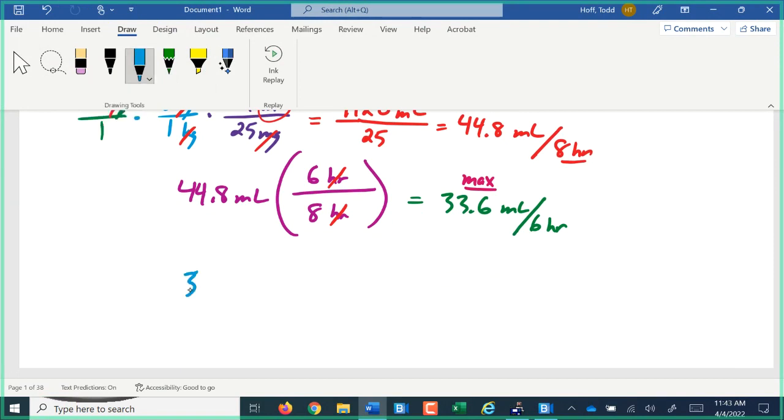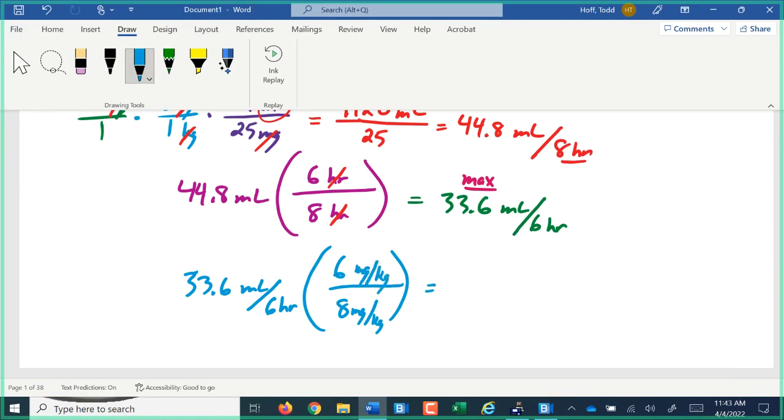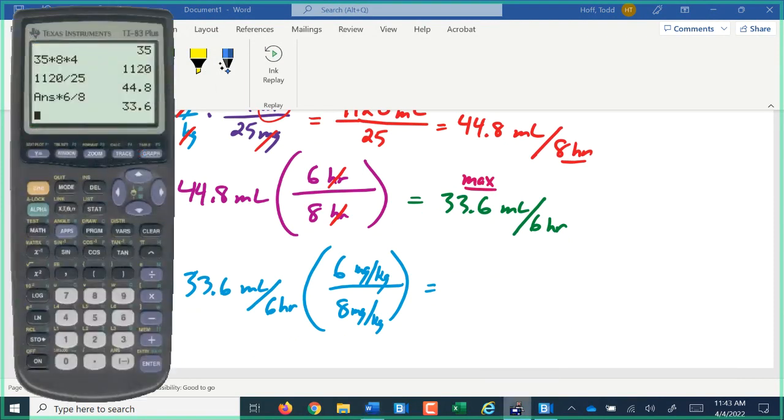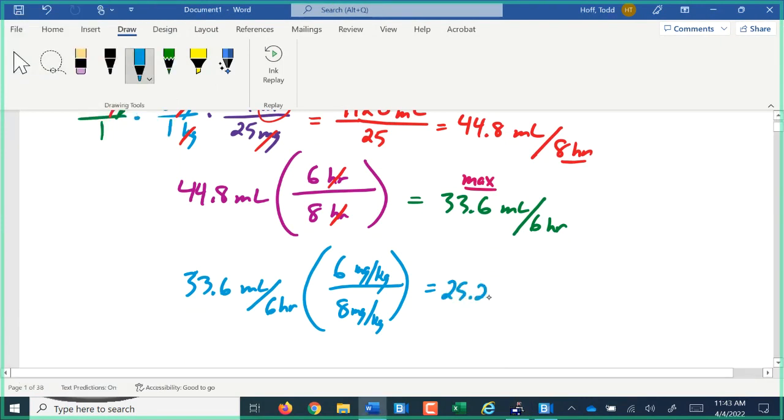So we have the 33.6 milliliters every 6 hours. That was figured off the maximum recommendation of 8 milligrams per kilogram. And we want to titrate it to see what it would be for 6 milligrams per kilogram. So 33.6 times 6 divided by 8, 25.2 milliliters every 6 hours.